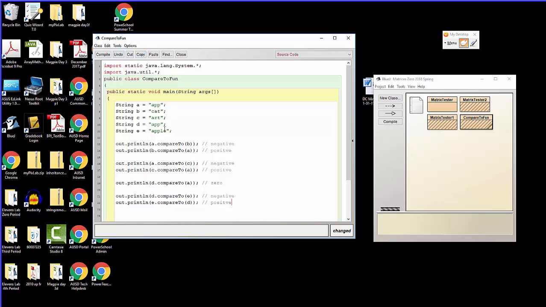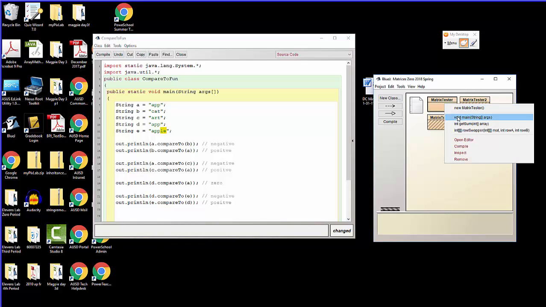It compares the A in app to the A in apple, and then goes on. It compares the P to the P, the P to the P, and then there's nothing else in D to compare to the last two in apple. So what's it going to do? Take 0 minus L? What's L? Probably around 16 or so in the alphabet? I don't know. Whatever. What's it going to do? Well, let's try and figure it out.